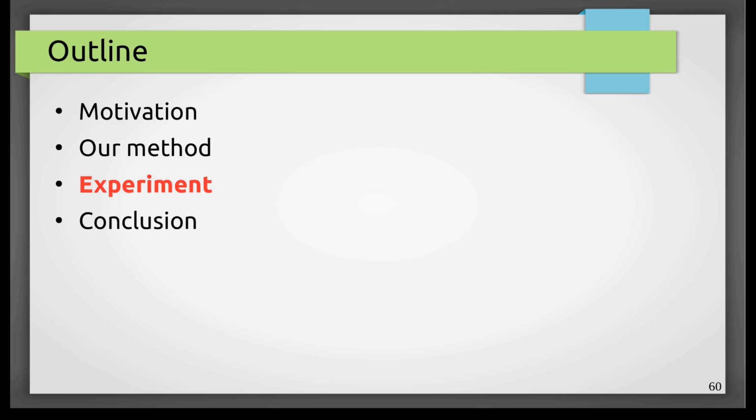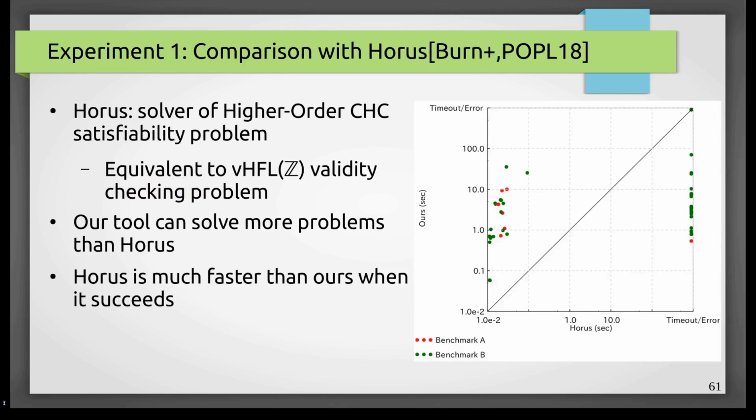Based on the method explained so far, we implemented a validity checker and conducted two experiments. First, we compare our validity checker with Horus developed by Van et al. Horus is a solver of higher order CHC satisfiability problem, which is equivalent to nuHFL validity checking problem.